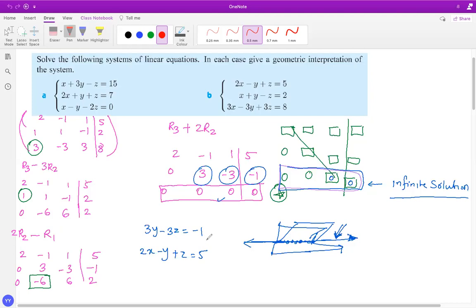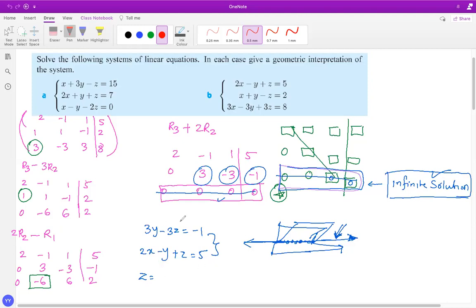We use these two equations to find the general solution. Now I'm writing my equation since I'm confirmed that the entire row is 0, hence it is infinite solution. So this is a protocol or rule we follow: if the last row is 0, it means infinite solution. The planes intersect at infinite points.